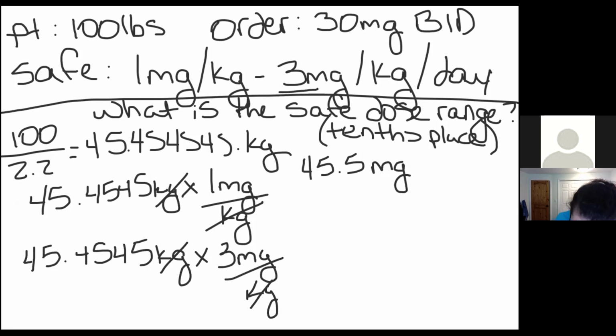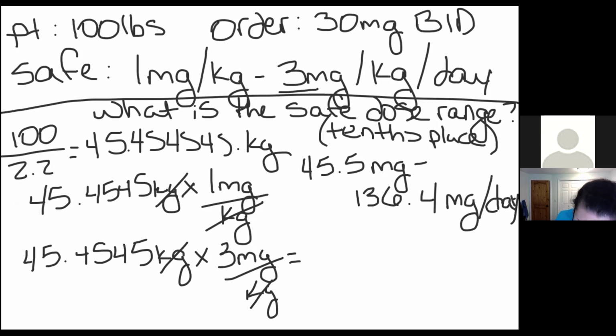And that is going to give me an answer of 136.363636, which is 136.4. And this is milligrams per day. This is per day. So then my question is, is this dose safe?